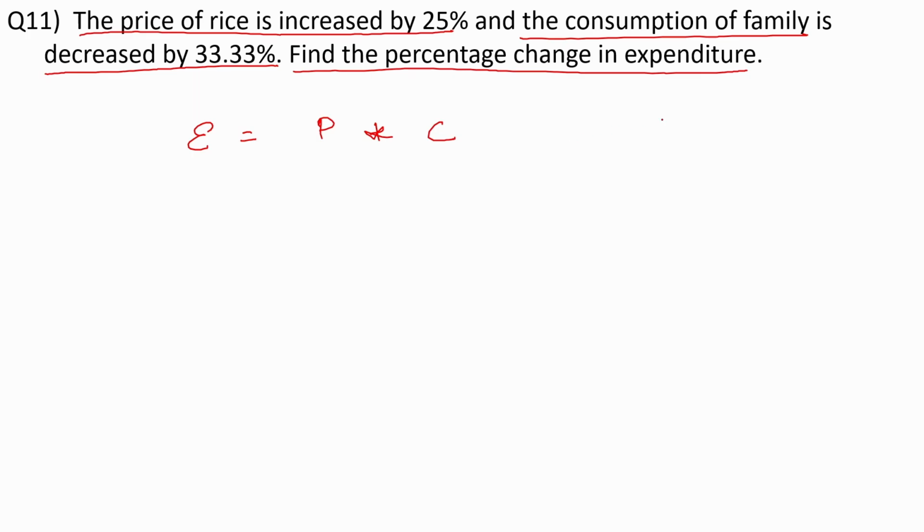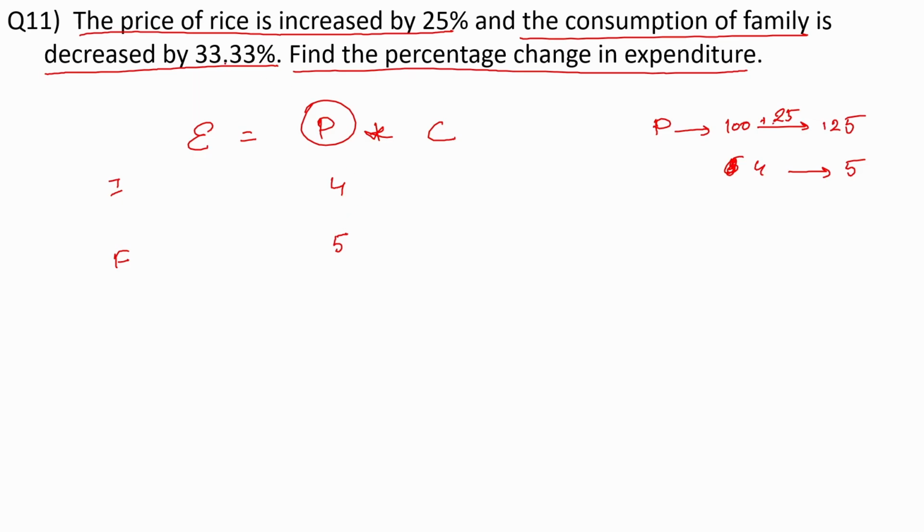Price is increased by 25%, so initially it would be 100, and as it is increased by 25%, the final value would be 125. In ratio, I can write it as 4 is increased to 5. So the value of price initially would be 4 and later, after increasing 25%, is 5.